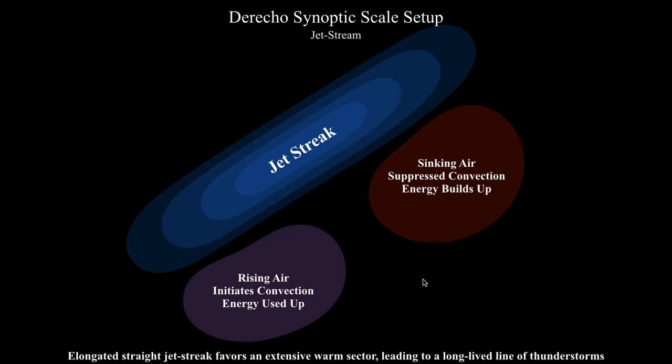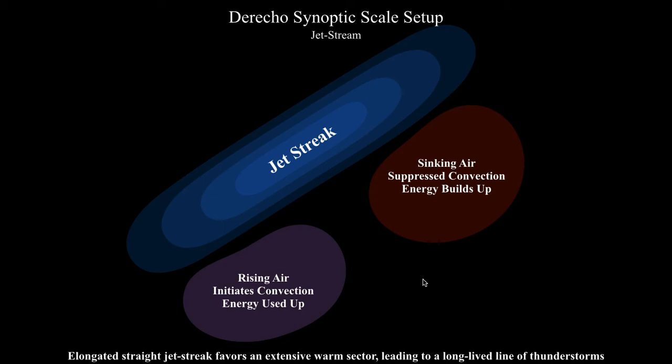And one of the key differences between a derecho and a tornado outbreak is that a tornado outbreak has a nice cyclonically curved jet streak, but for a derecho, you want a nice elongated straight jet streak. The reason why is because to get a derecho, you want strong heating occurring in advance of the thunderstorms, and you want a lot of energy, a lot of buoyancy building up in the atmosphere.